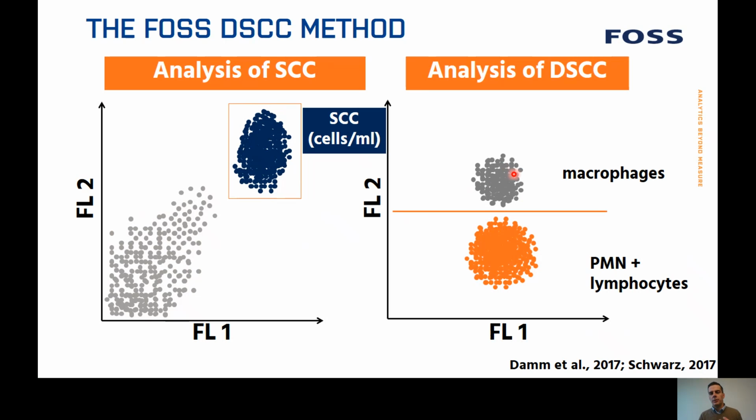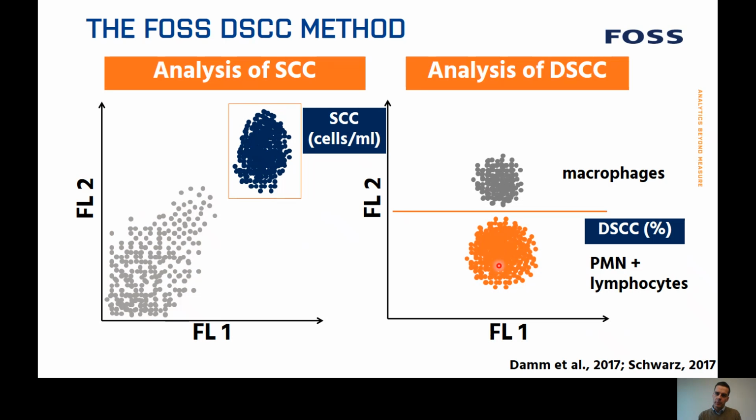And because the morphology of the cells is different, and we are utilizing these differences in morphology with our staining, we can identify macrophages up here and the PMNs combined with lymphocytes that have a minor role, as I explained previously, in the lower area of the plot.